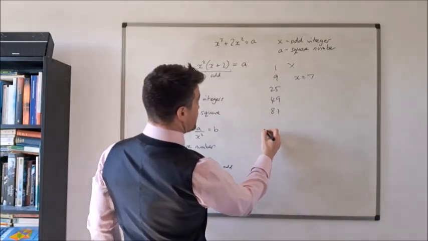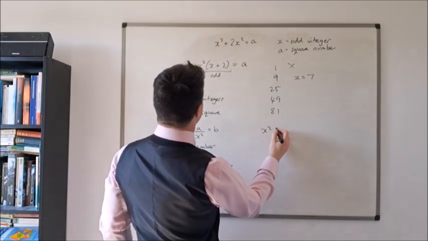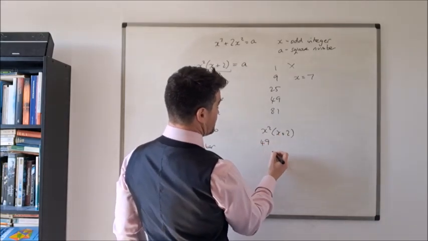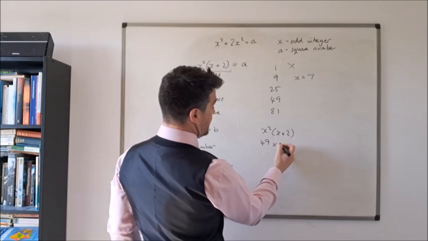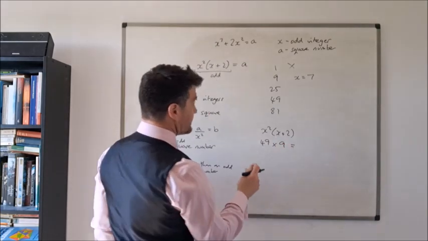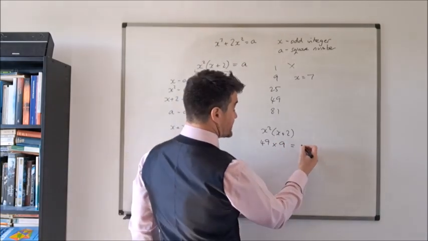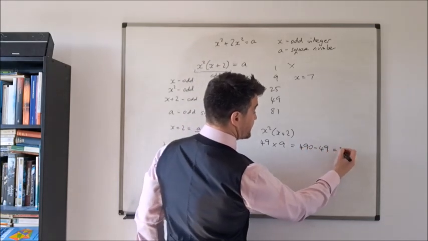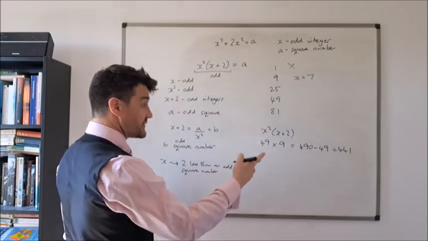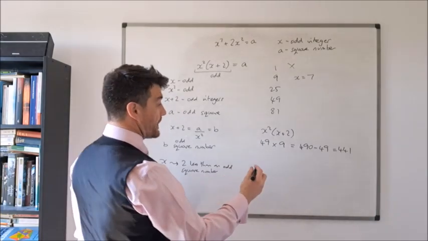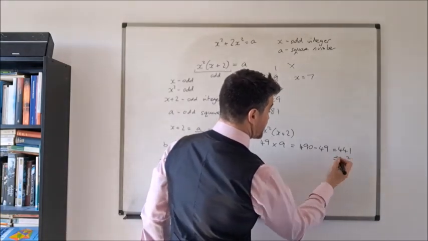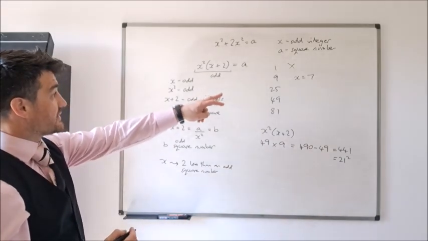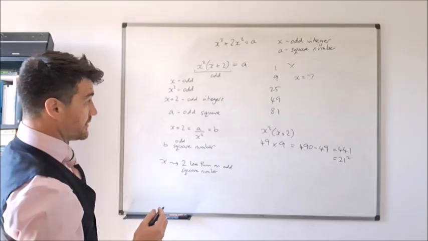What do we get? x squared, 49, times x plus 2, 9. 49 times 9 is 441. 441 is a square number. It's 21 squared. So it looks like that's the solution to our problem.